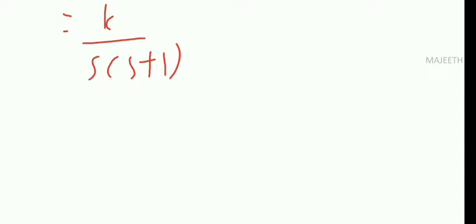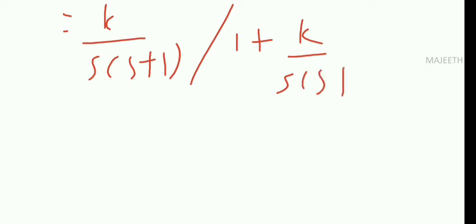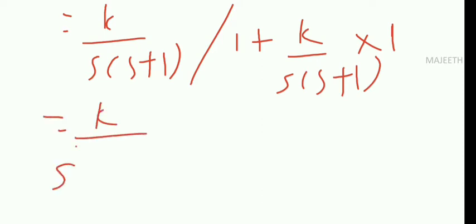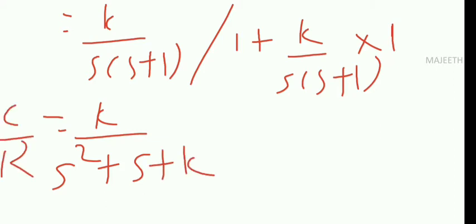So G of s equal to k by s into s plus 1, divided by 1 plus k by s into s plus 1 into 1, because H of s is equal to 1. If you simplify, what you get is k by s squared plus s plus k. This is my C of s divided by R of s.